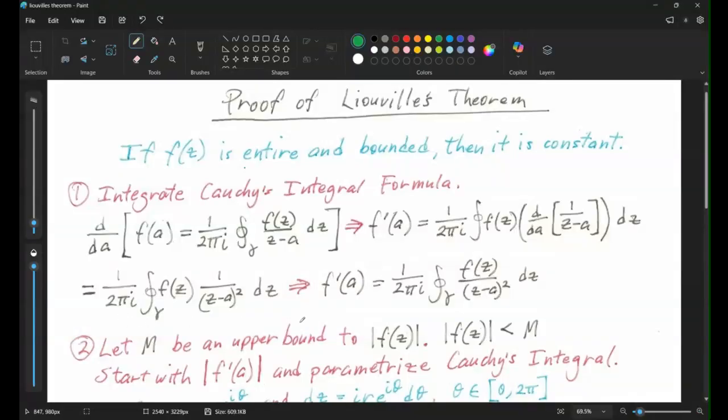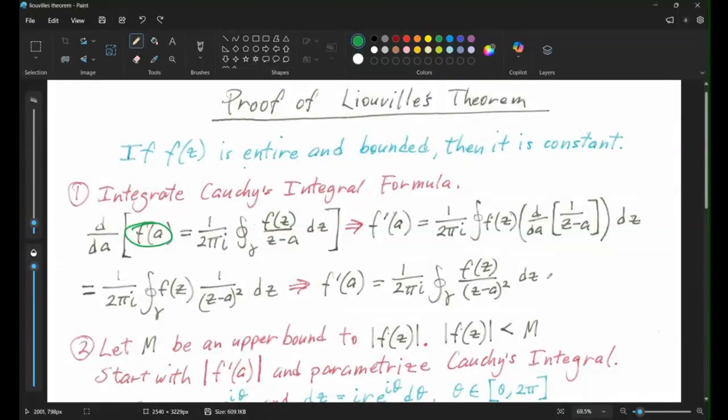So let's see, where does that get us? Basically here we have the derivative with respect to a of Cauchy's integral formula. The strategy is going to be to bound f of z, and then prove that that makes this constant. It's easier to bound this than this, and it's easier to see the result of the bounding here than here.